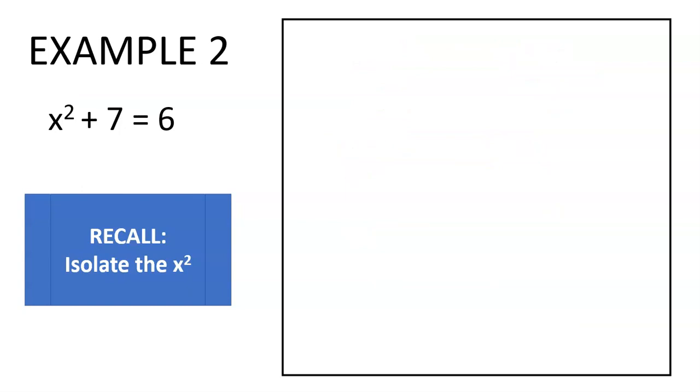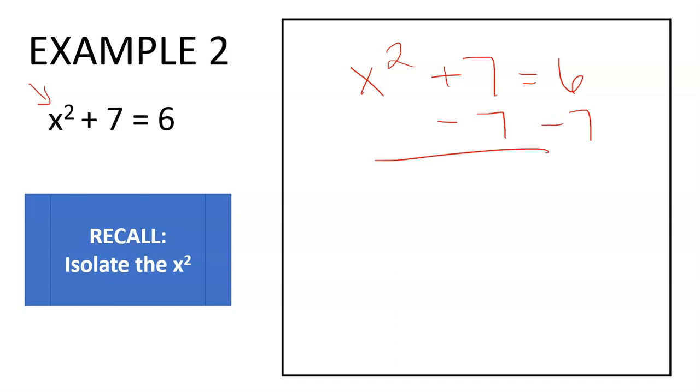Okay, I have to isolate my x squared term. So I have a positive 7 that needs to move to the other side. Opposite of plus 7 is minus 7. Those cancel out, so I have x squared is equal to negative 1.